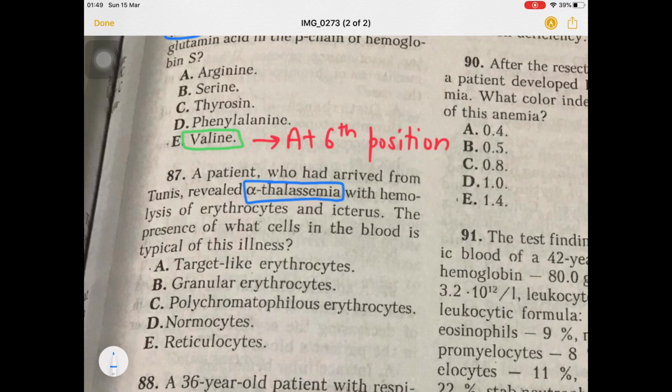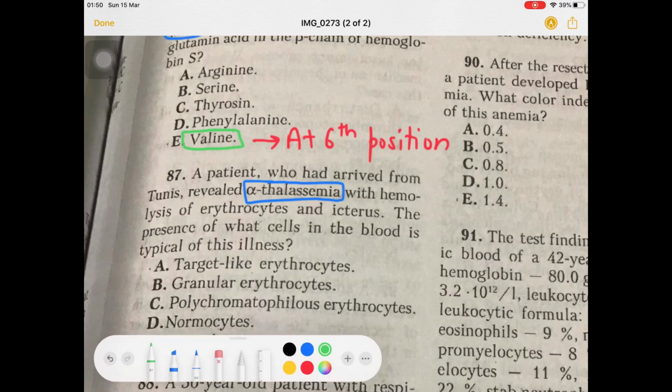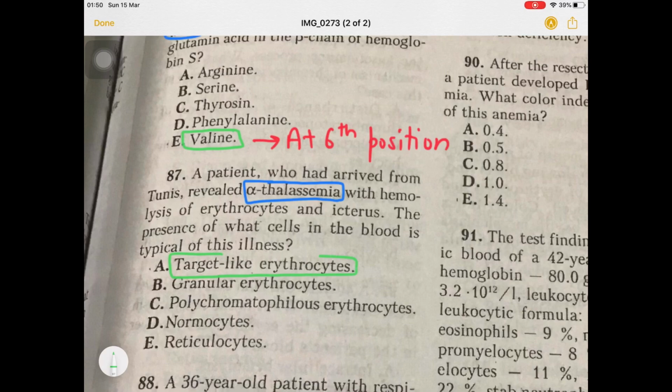One is alpha thalassemia, which is a problem in the alpha globin chain of hemoglobin, and one is beta thalassemia, in which we have the problem in the beta globin chain of hemoglobin, right? If they are talking about thalassemia, we have already talked about the appearance of target cells, or target-like appearance of the RBCs. That is the main key finding of thalassemia as far as histological appearance is concerned. So what can be the answer over here? That is target-like RBCs, or target-like erythrocytes, right?